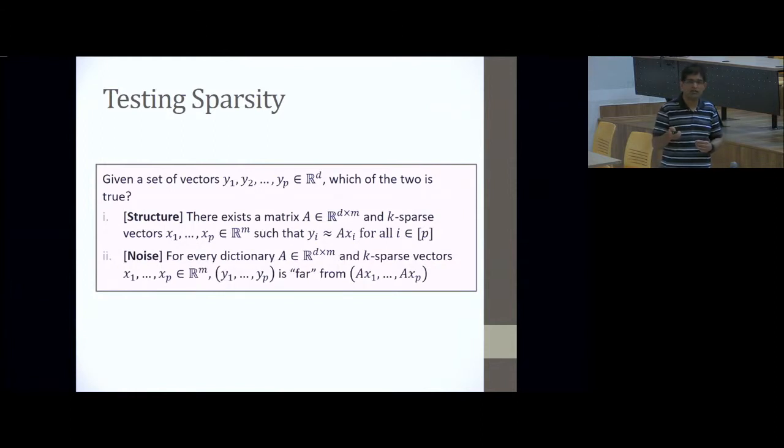So here there is no real noise model. The farness is going to encode what I mean by noise. When the tester is supposed to say no, it should be that y1 through yp is far from Ax1 through Axp according to some notion of distance, which I'll specify later.